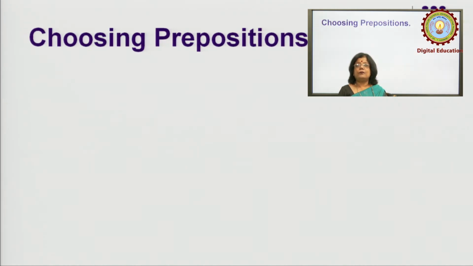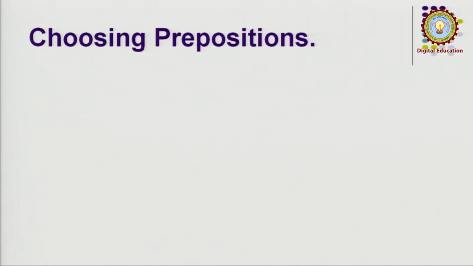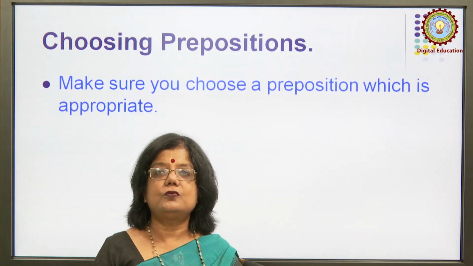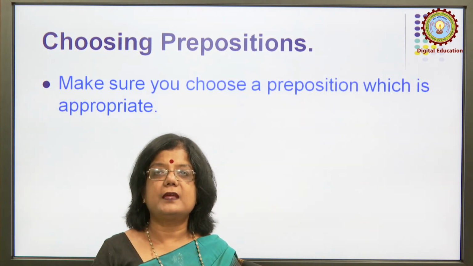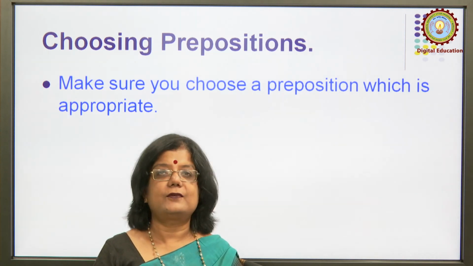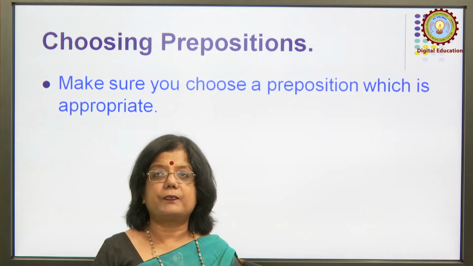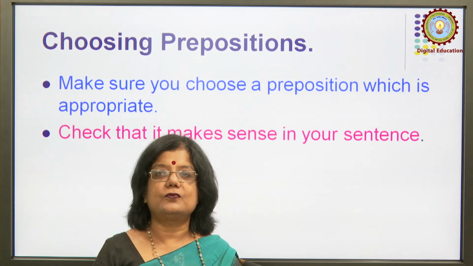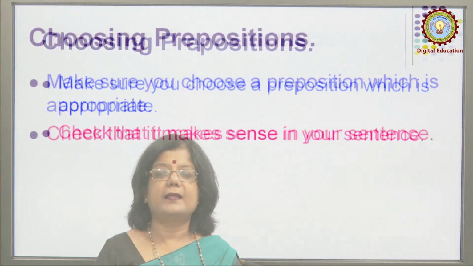So, when we have to use a preposition, how to choose it? What are the situations we need to look for while choosing a suitable preposition for a sentence? First thing I like to suggest is, make sure you choose a preposition which is appropriate according to the grammar rules.